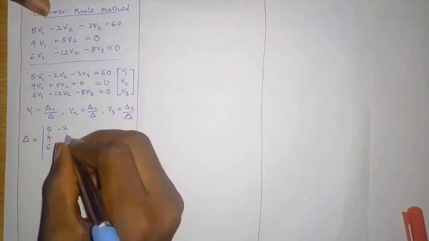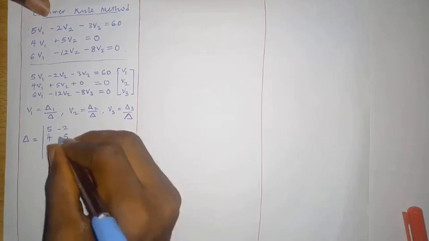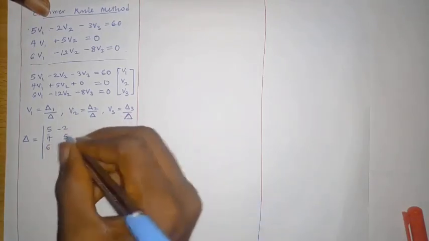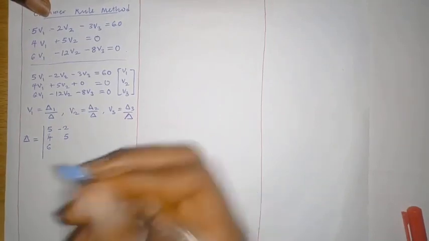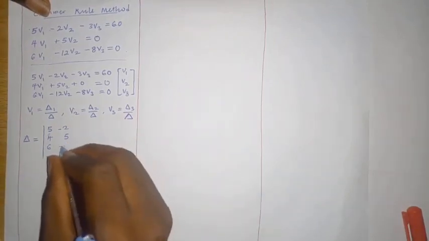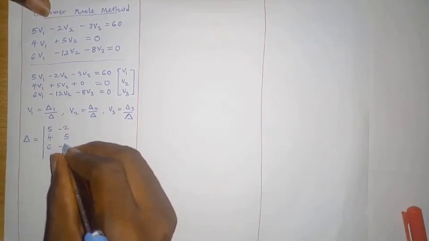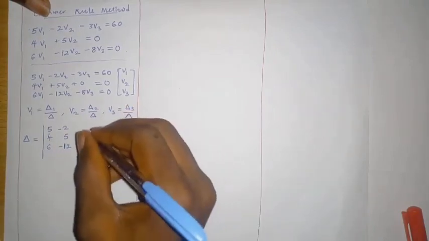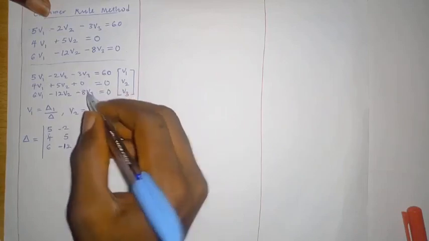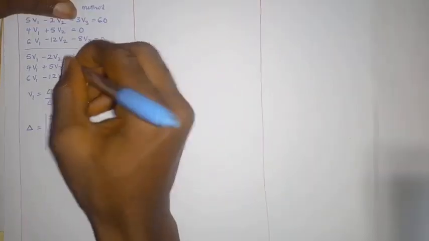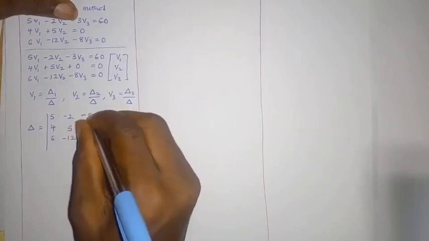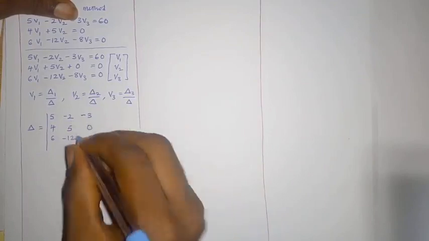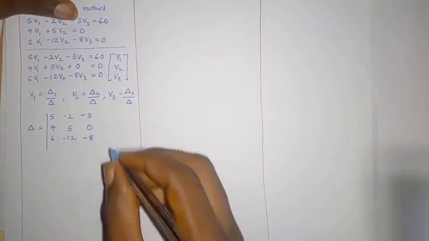Don't forget to put the minus. 5. I may put plus 5 or just ordinary 5. We already know that 5, since it has no sign, is positive. Okay. Then don't forget the negative sign. It's very, very crucial. And then another column. I mean this column. 3. This column minus 3. Then let's put the 0 minus 8.